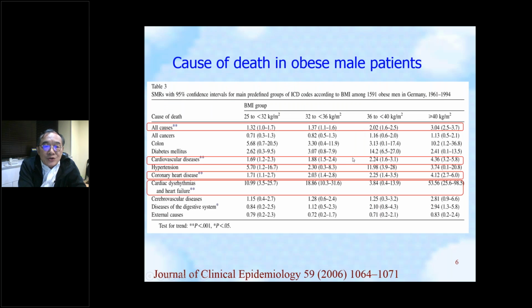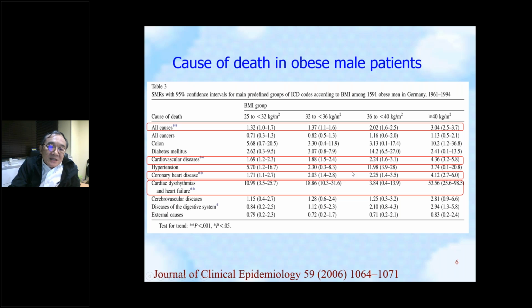For this group of patients, we all know they had an increase of deaths, and the increase of deaths is linearly related to the increase of BMI. Significantly, we can see the cause of death is mostly cardiovascular disease. So we must understand that for this group of patients, although they had some increase of cancer and diabetes, the cause of death related to BMI is cardiovascular disease.